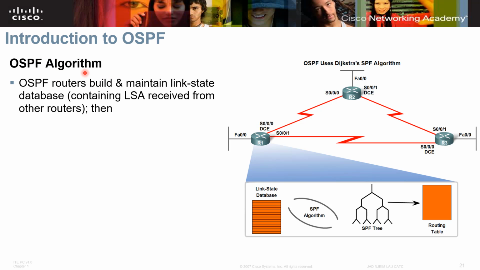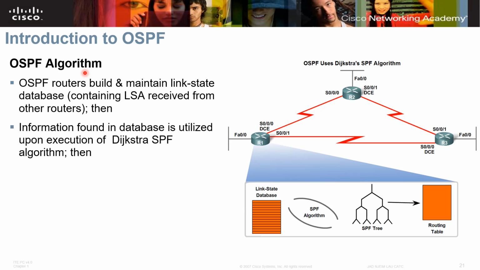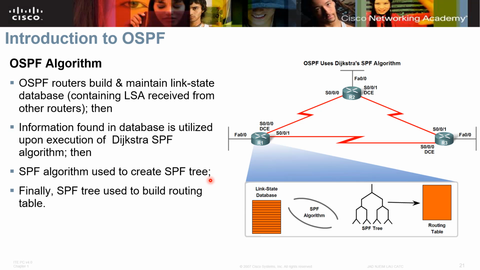You will find most of the material of this chapter like this: definition and function, definition and function. After building, maintaining and updating a link state database, the information in the database is utilized by the Dijkstra shortest path algorithm to create a shortest path first tree.